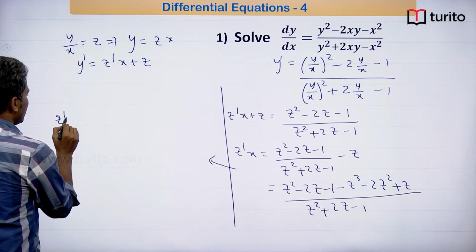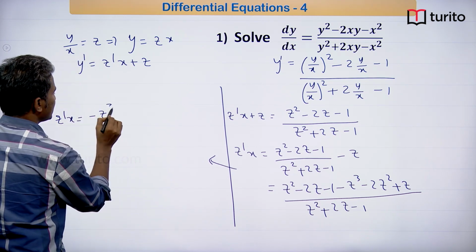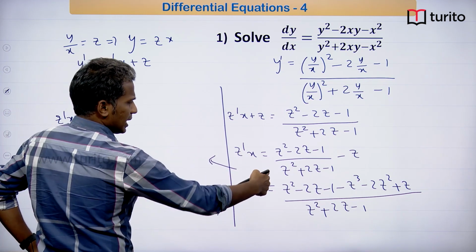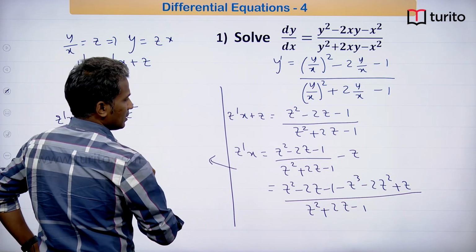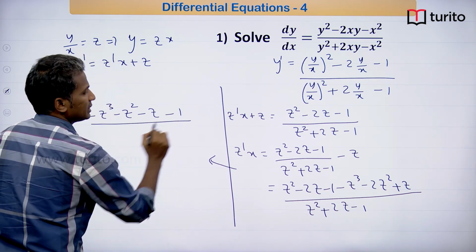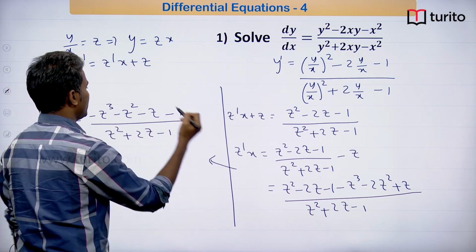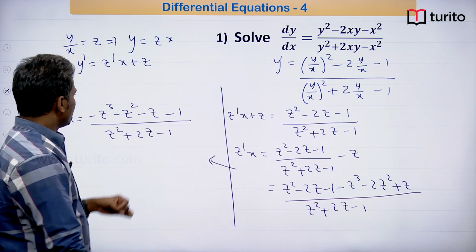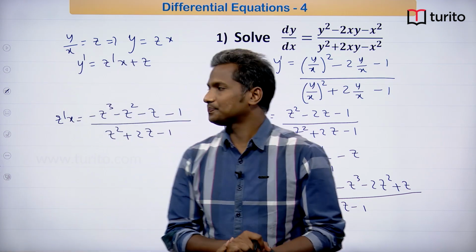So, z dash into x is equal to, there is one z cube, so minus z cube, and there is one minus z square. Okay, there is one minus z and there is minus 1 divided by z square plus 2z minus 1. Now there is something that I notice here.